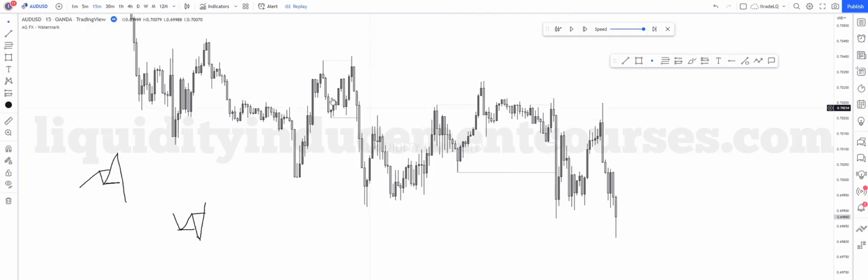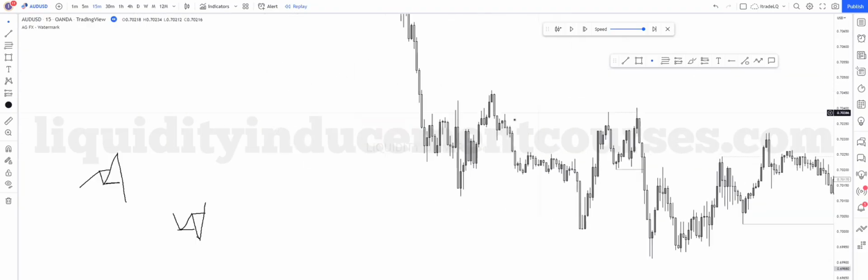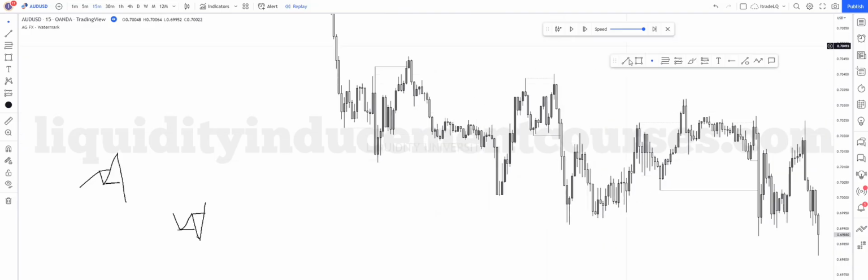Okay, so now let's look for some strong lows. Here's one, for example. All right, so we've got a crazy break of structure, there we go, strong low.